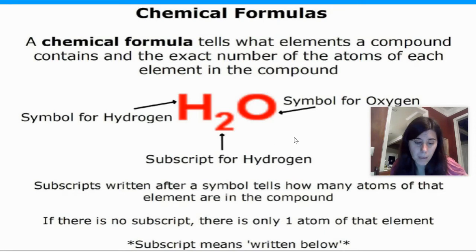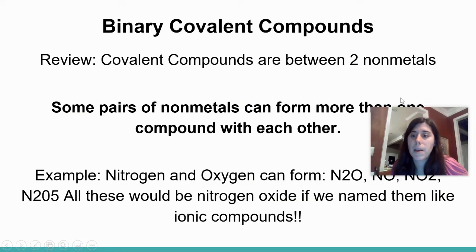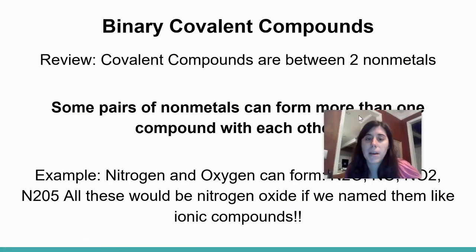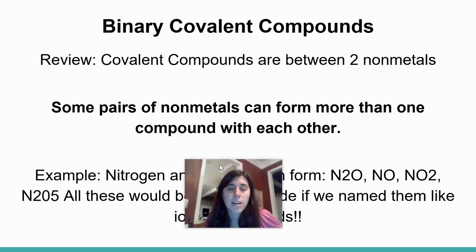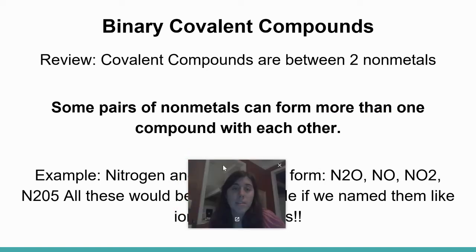All right. So yesterday we talked about binary ionic compounds, and today we're going to talk about binary covalent. As a reminder, covalent compounds are compounds between 2 nonmetals. Binary just means 2. Now, the thing with binary covalent compounds is sometimes they can form many different pairs with the same 2 elements.